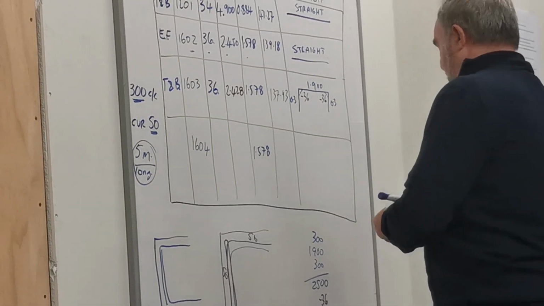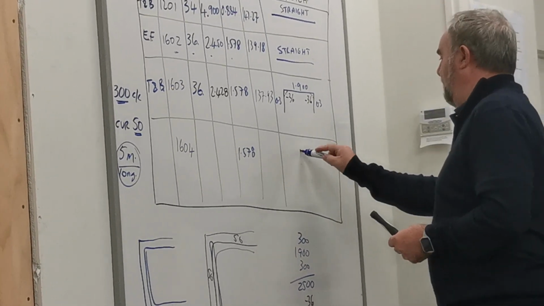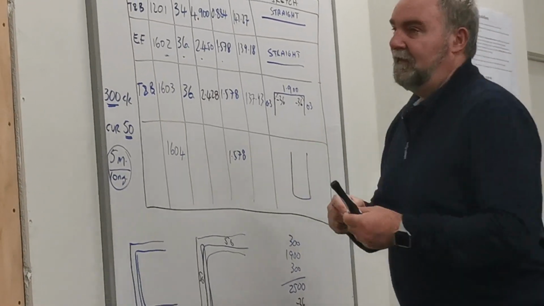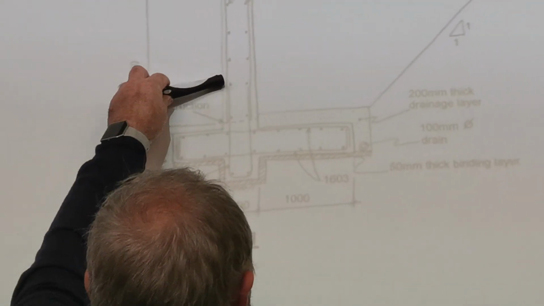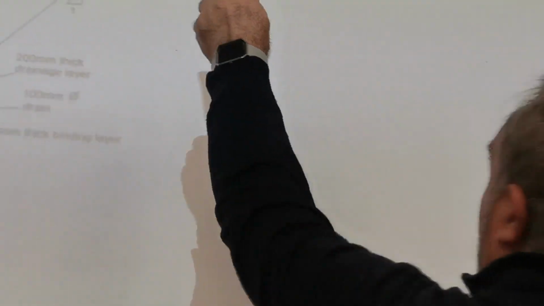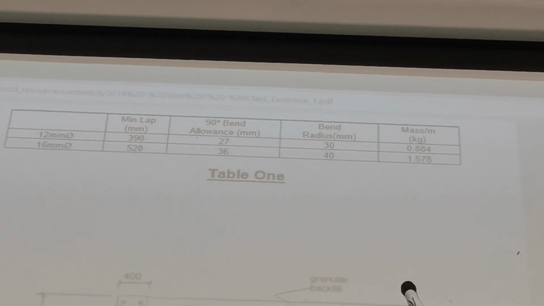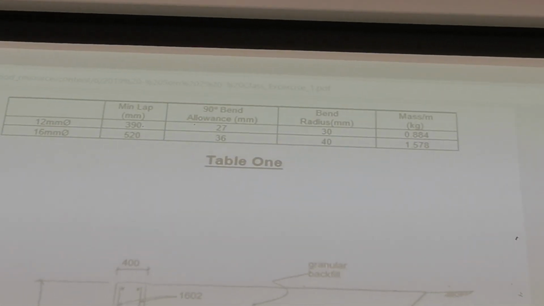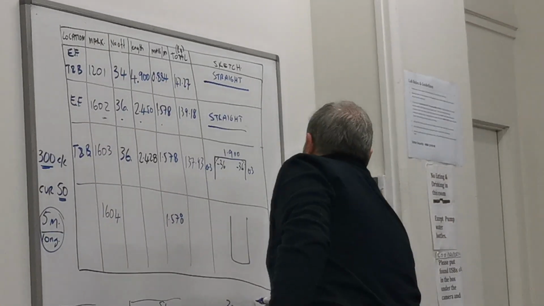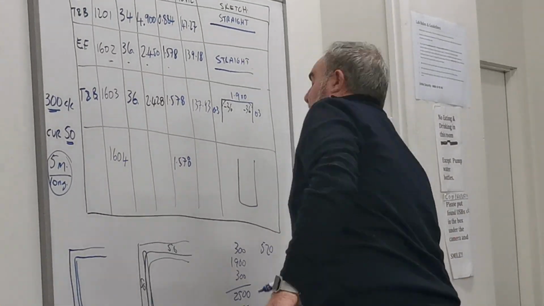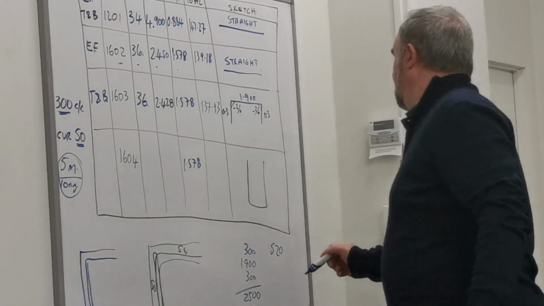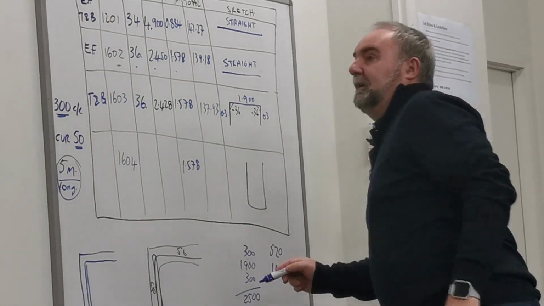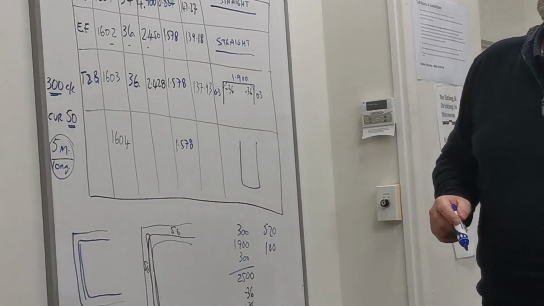The bottom one is a bar that looks like this. And the way I work this one out is we have the lap, and we go to the table up the top, and it says minimum lap for a 16mm bar is 520. So we put 520. Then it's 100. And then it's 400.